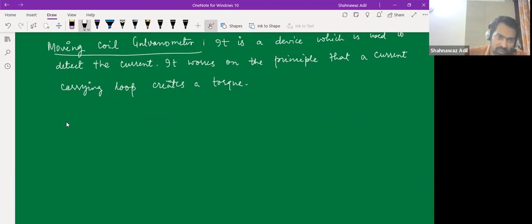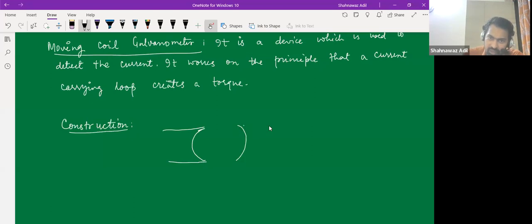So what is the construction of the moving coil galvanometer? You have two magnets, and in between you have a cylindrical soft iron core.